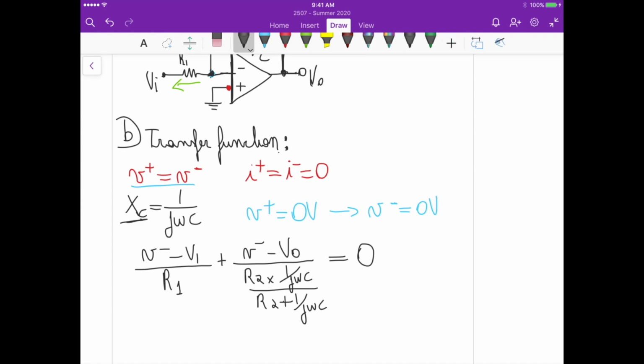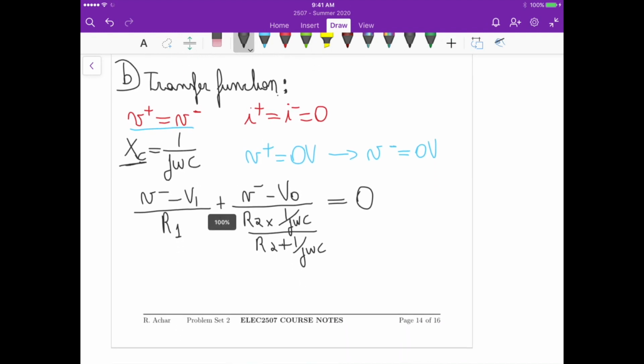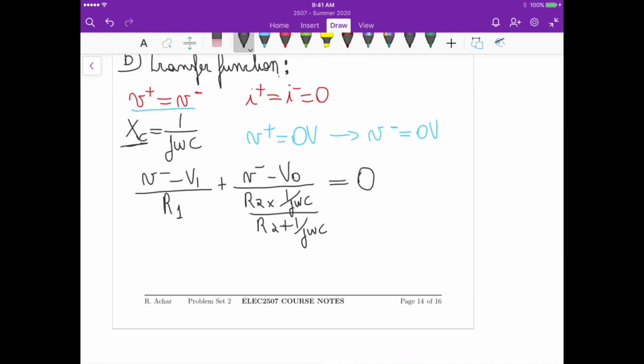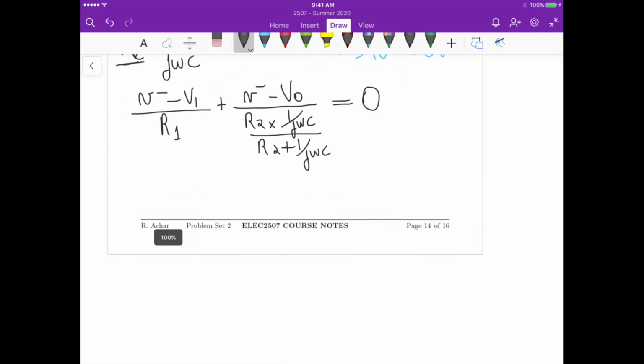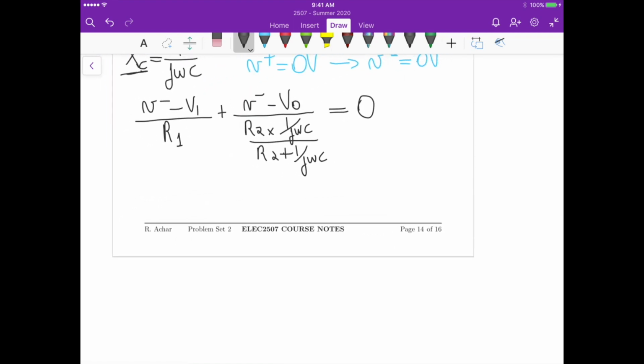Okay, so this equation is pretty similar to the second part of problem 12, but if we keep simplifying this equation, we can multiply here by j omega C, and down here by j omega C, which is the same as multiplying by 1, right?